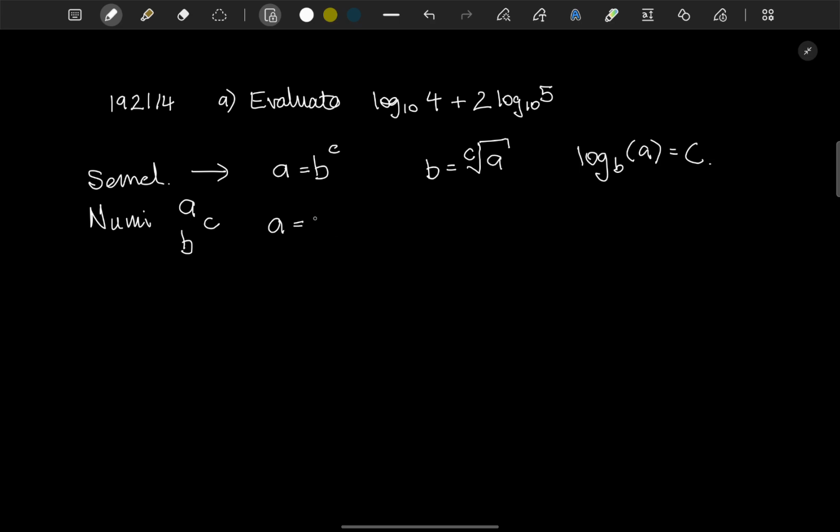A equals B power C. Okay, the second one is B equals A root C. And for a root, we write it as a subscript. And then finally, here, the logarithm is written log B of A equals C.